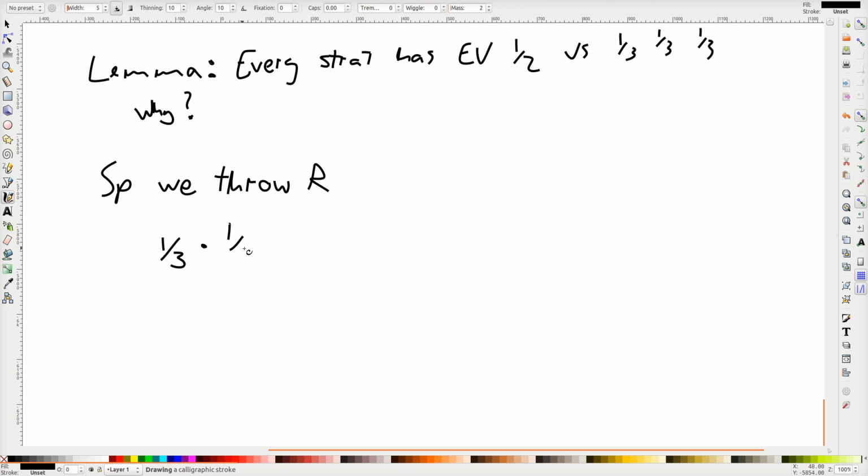So that's EV 1/2. Then a third of the time, they throw paper, and we get nothing. And a third of the time, they throw scissors, and we get 1. And so all of this adds up to 1/2. So the EV of rock is 1/2.